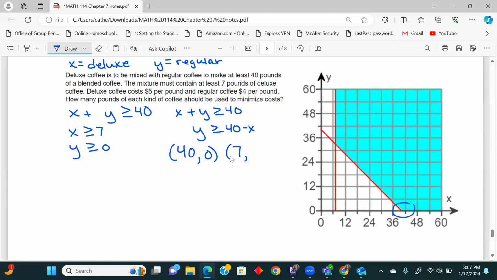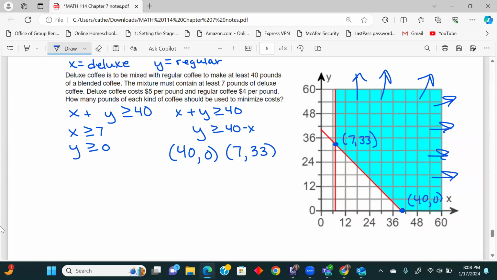So if you go through the table, or you hit second table, and you find where X is 7, the corresponding Y value is going to be 33. That's this right here. And this point down here is at 40, 0. It only has two because these, again, keep going. We have to have at least 40 pounds. We can have more than 40 pounds.